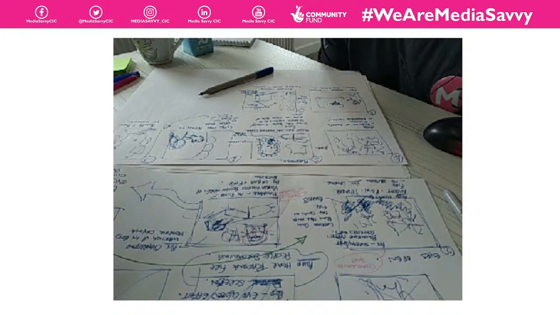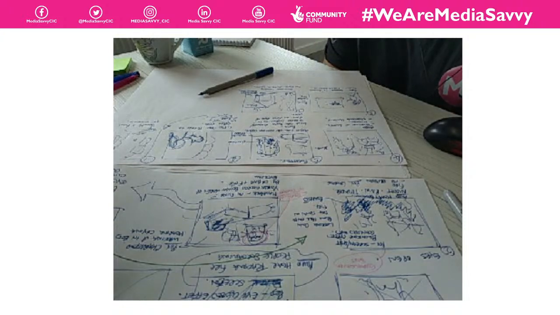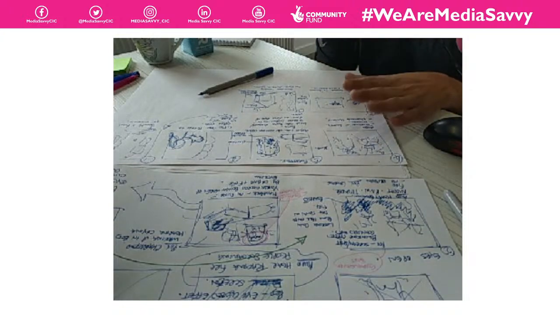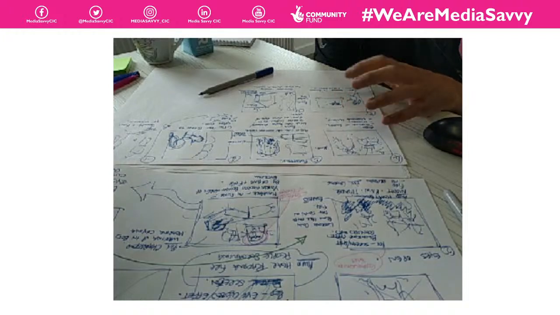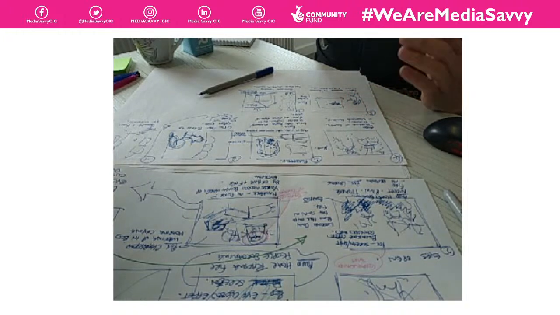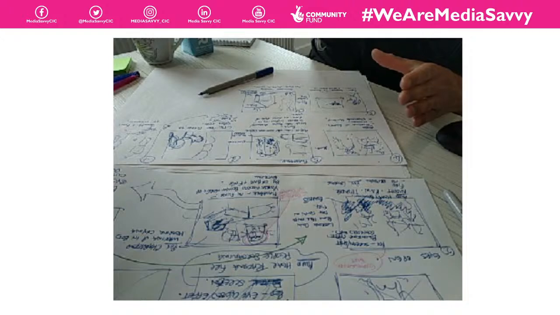a storyboard process. It really helps you as an individual, or me going through this process, really helps develop that story. Because when I first started this, I didn't have any idea whatsoever what this story was going to look like.